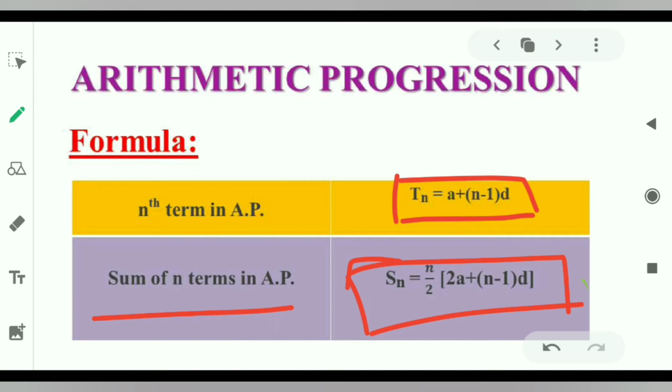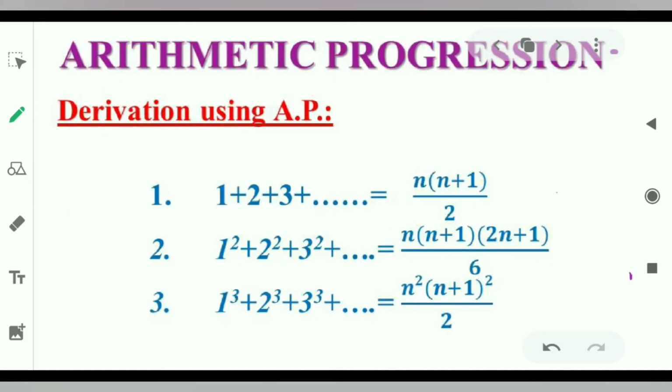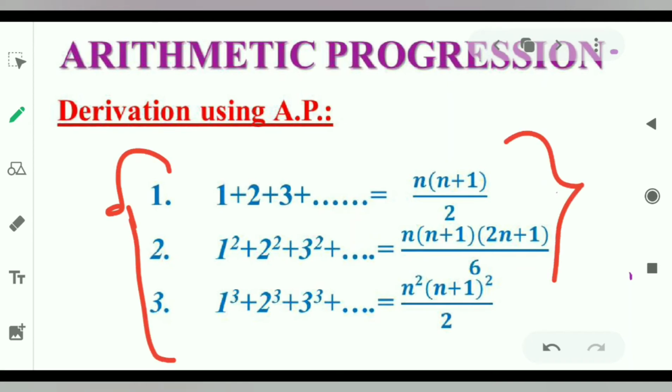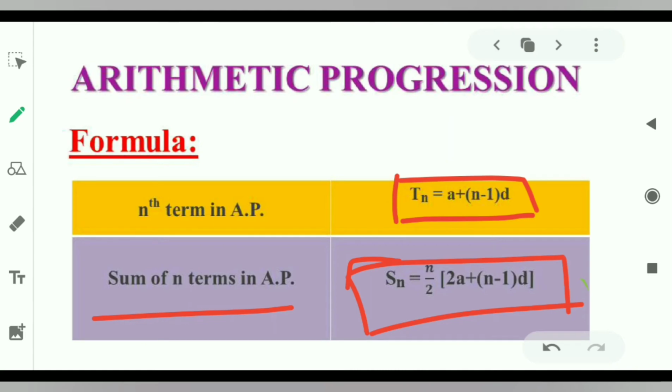Let's quickly get into the derivations which we made using the formula of arithmetic progression. Using the sum of n terms in AP, using this formula, we have some derivations, 3 important derivations.